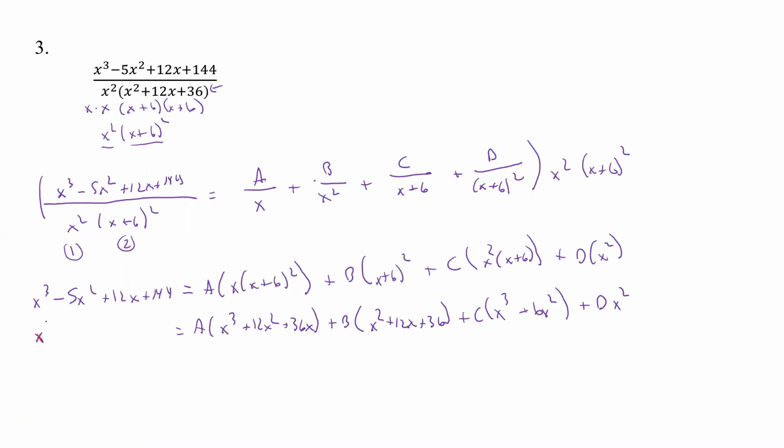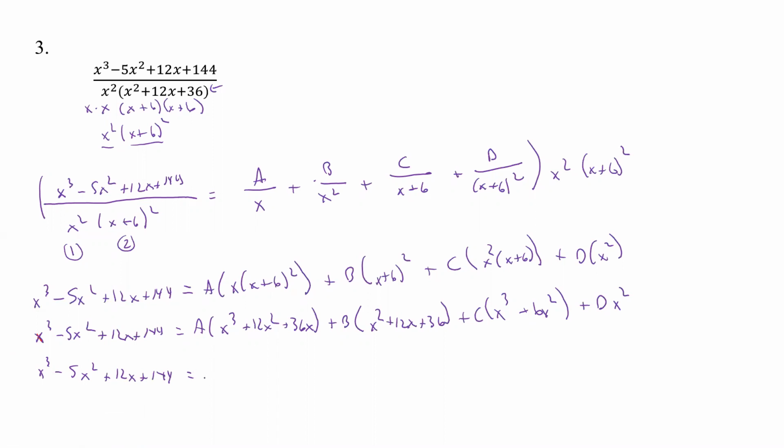That's going to be our x cubed minus 5x squared plus 12x plus 144. And then again, x cubed minus 5x squared plus 12x plus 144 equals.